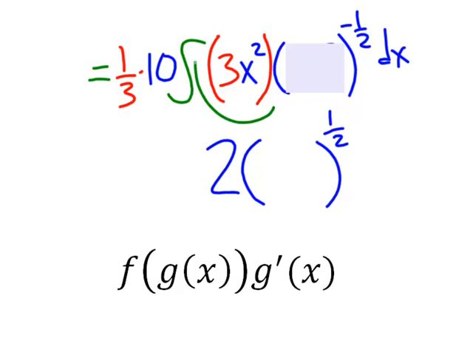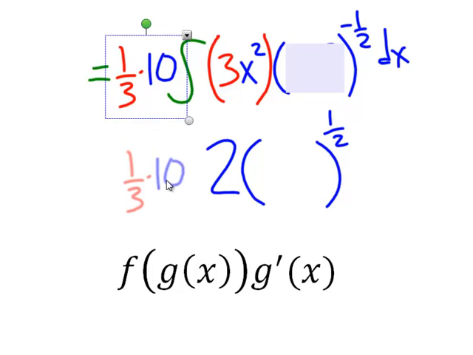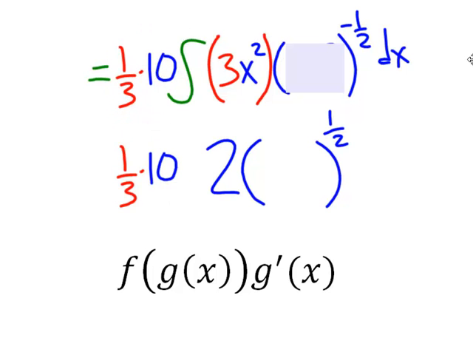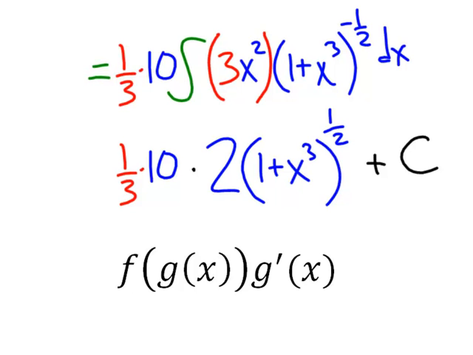Now in the antideriving process, again, the 3x squared goes away, but this 10 and this 1/3 on the outside come along for the ride. And of course, since we've just antiderived, we'll do the plus c. And we'll go ahead and acknowledge now that inner function, 1 plus x cubed.